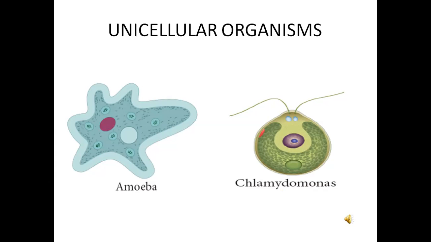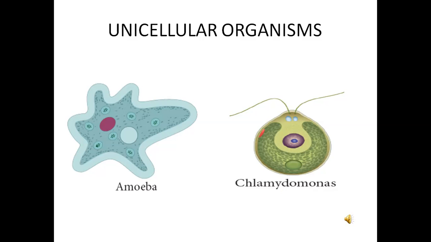In your 6th standard, you studied briefly about amoeba and chlamydomonas. The bodies of organisms are made up of tiny building blocks called cells. Amoeba is a unicellular organism and chlamydomonas is a unicellular plant.